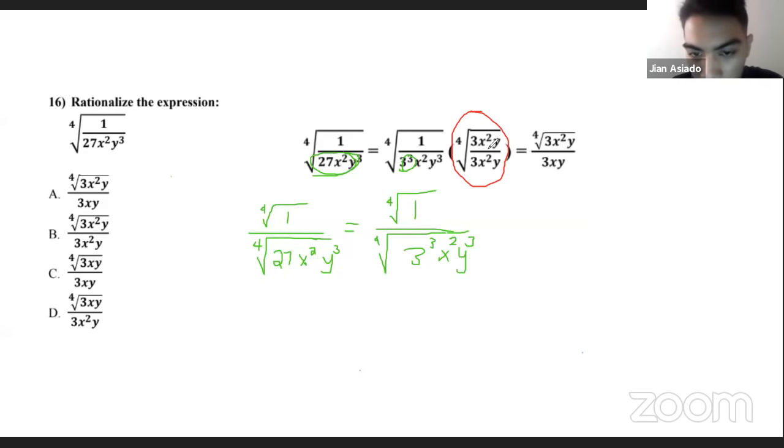Since 4th root siya, and this is 3, 2, and 3, gusto natin lahat to maging raised to 4. Okay? So para maging raised to 4 siya, ano yung kailangan nating i-multiply, no?